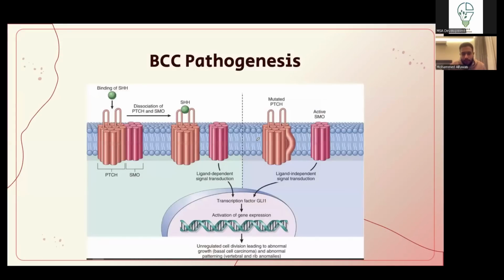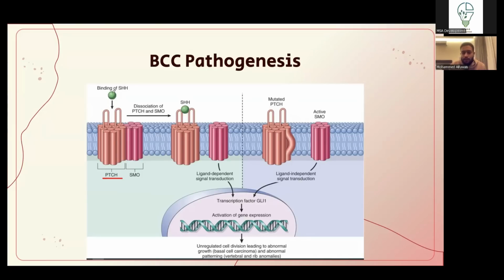Now, how does basal cell carcinoma occur? Firstly, the most common cause is sun exposure. You also have other genetic predispositions for basal cell carcinoma, which is mutated PTCH. Now, what is PTCH? You have this ligand, which is called sonic hedgehog, binding to the PTCH.